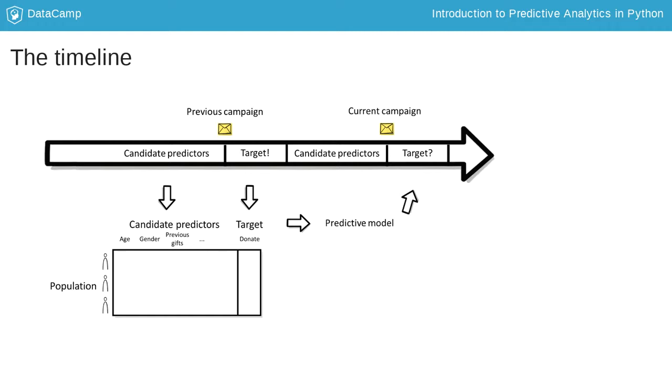The target is whether the donor donated for the historical campaign, and the candidate predictors are derived from the information that was available at that time. Next, a predictive model is constructed that links the candidate predictors with the target in the base table. This predictive model can then in turn be used to predict the current event. Candidate predictors are available and serve as input for the model.